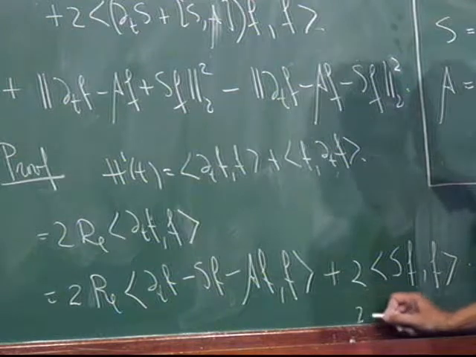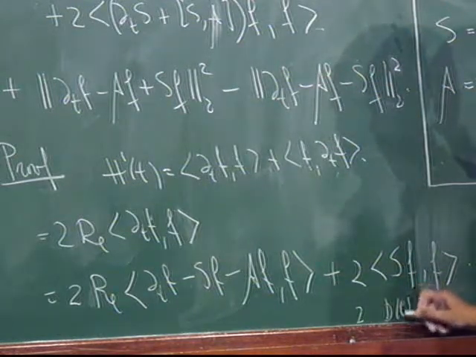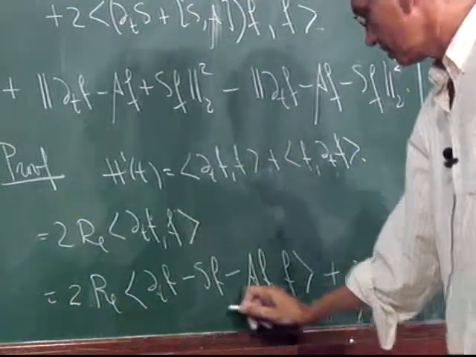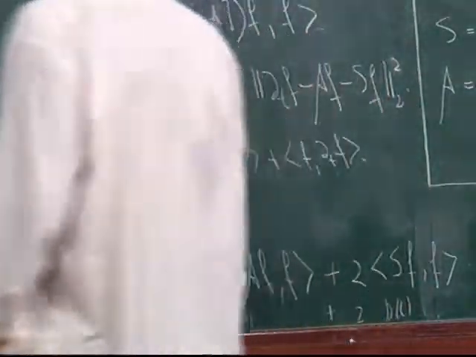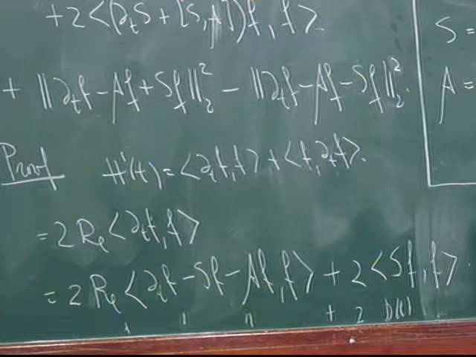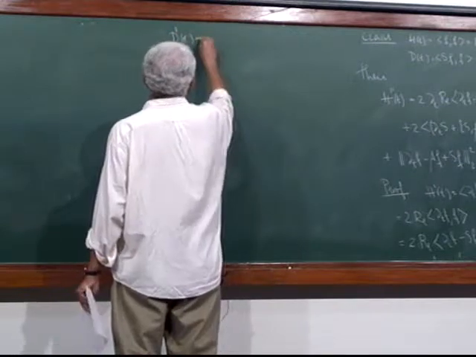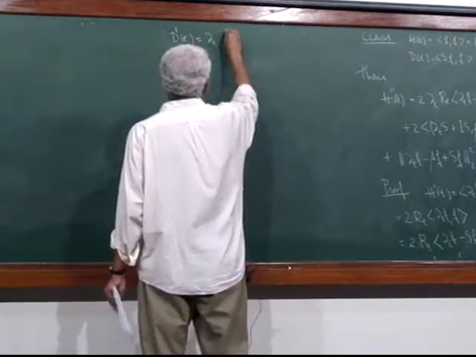This is twice, if you want, d of t. Who is the derivative of d of t? You want to write it like this. This is the derivative with respect to t of this term.